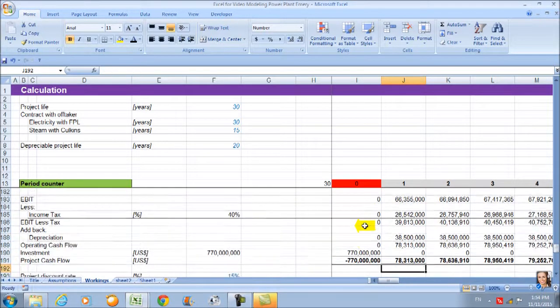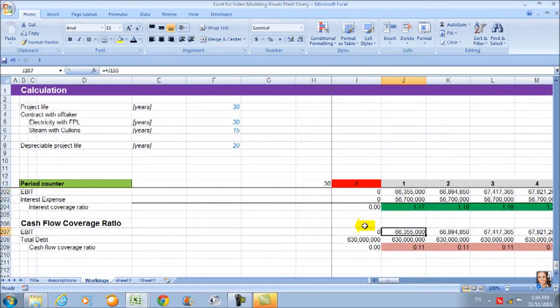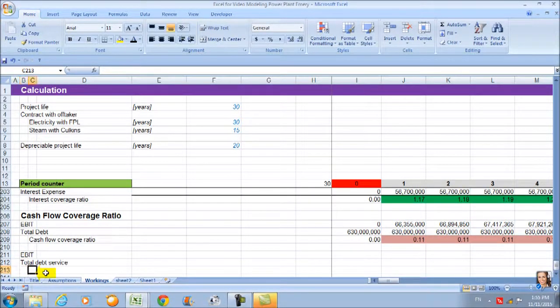How about if I use this? So instead of a total debt, I will use EBIT divided by total debt service. Okay, so I will have this cash flow coverage ratio.